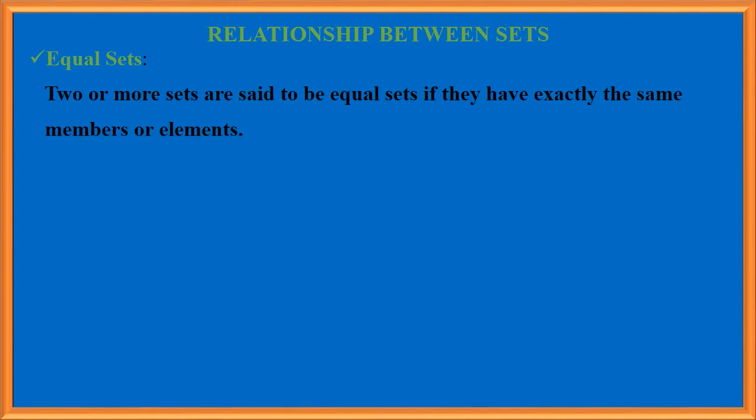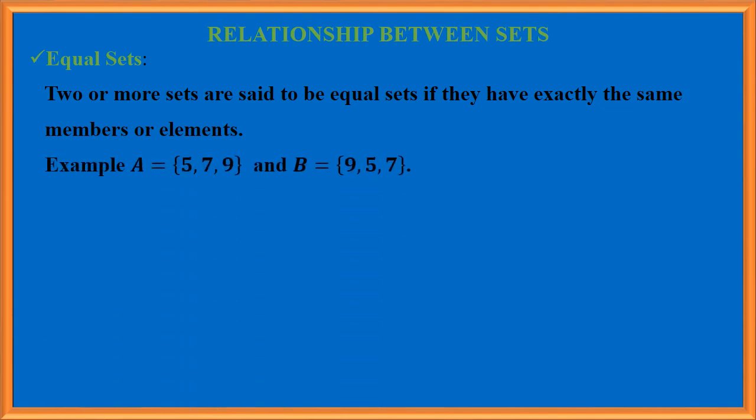Let's now look at the relationship between sets. I'll start with equal sets. For equal sets, two or more sets should have exactly the same members or elements.